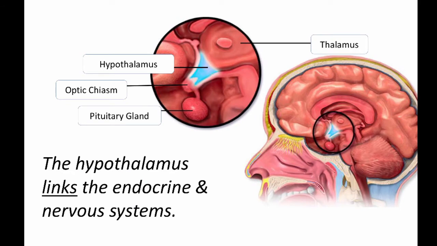So we're now looking at a mid-sagittal section through the brain. Right, you've got the nasal cavity here, oral cavity here, and cerebellum, with the brain stem here.